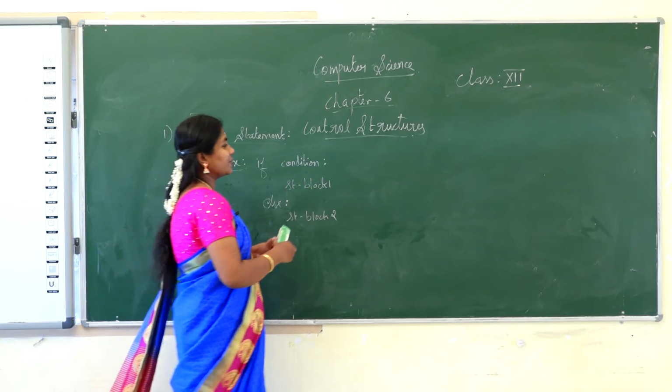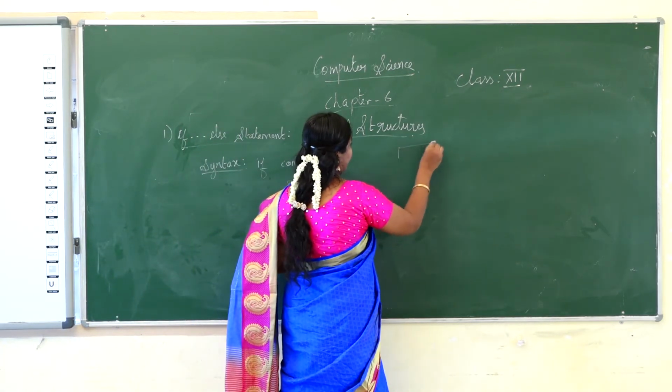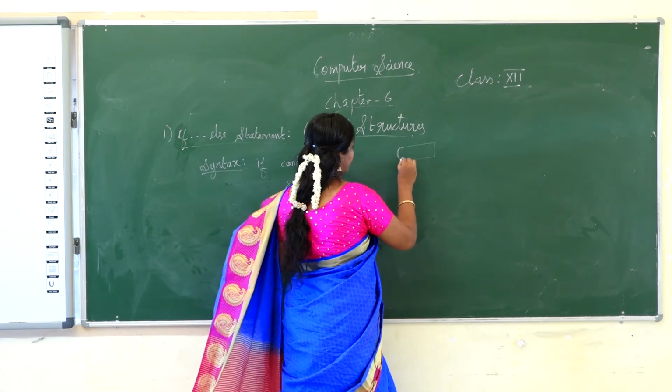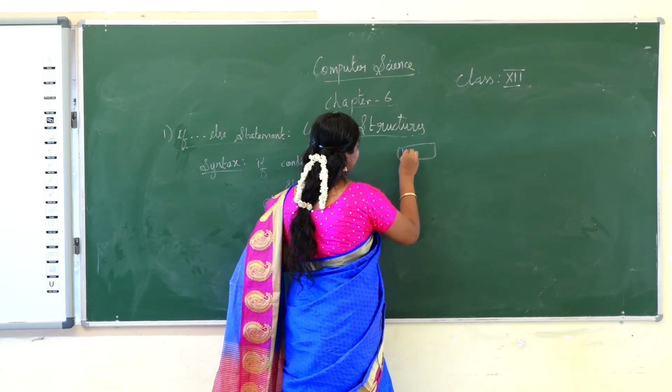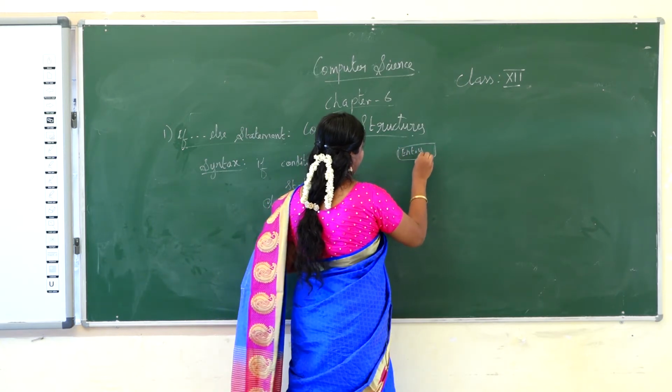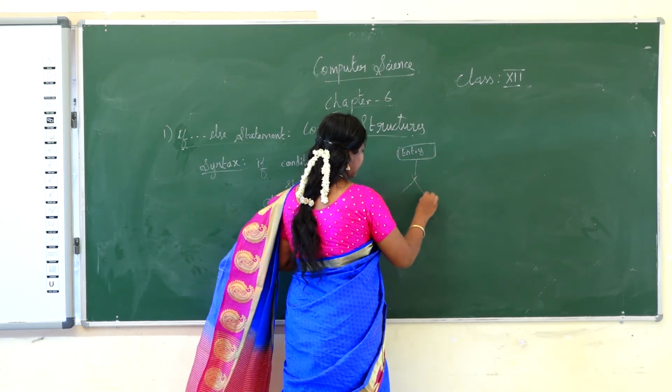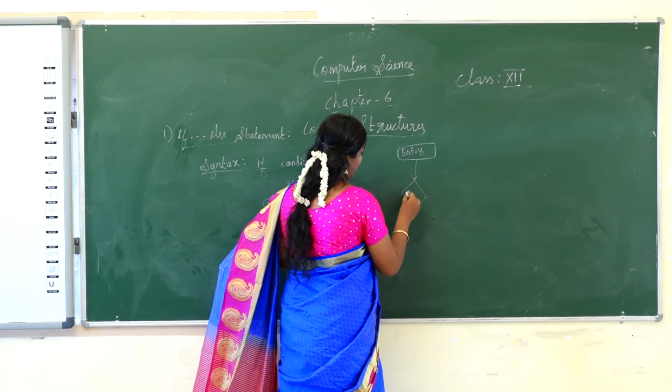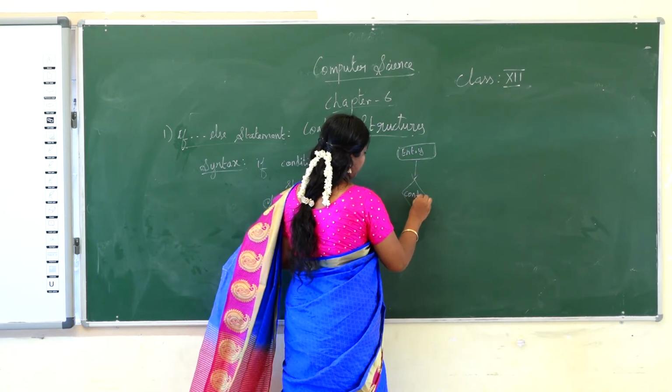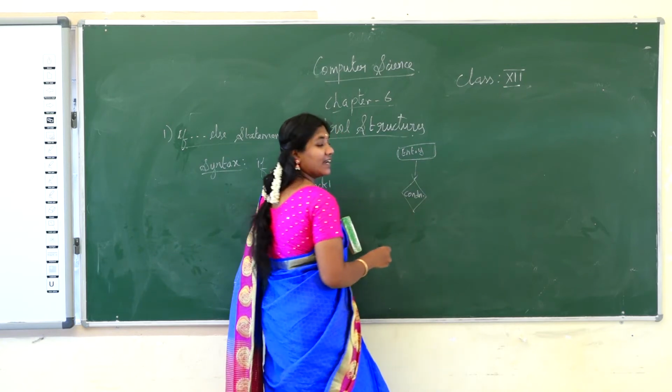So how does the execution happen? So first we are giving an entry for this. Then you are checking the condition. So the condition is checked.